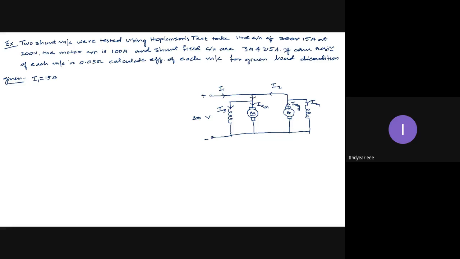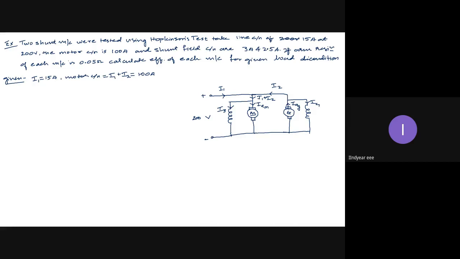This is the motor current, I1 plus I2, the current that is supplying to the armature as well as the field. So motor current is equal to I1 plus I2, which is equal to 100 amperes. I know I1 plus I2, so I can get I2, not a problem.